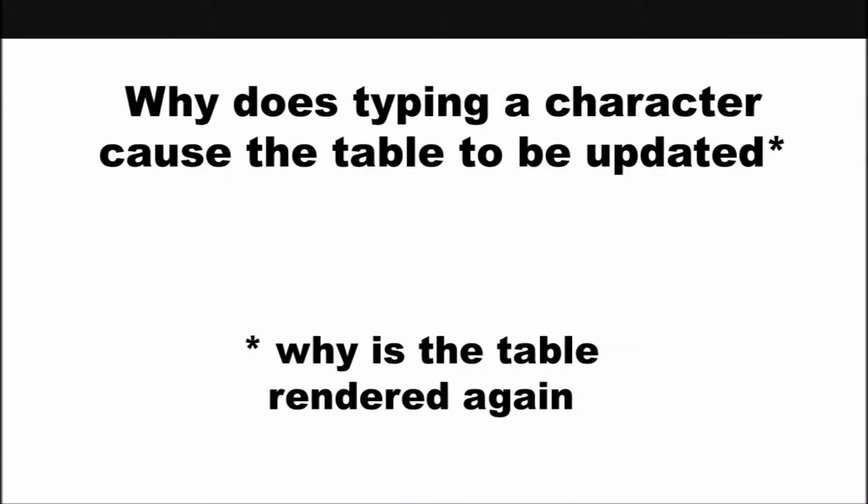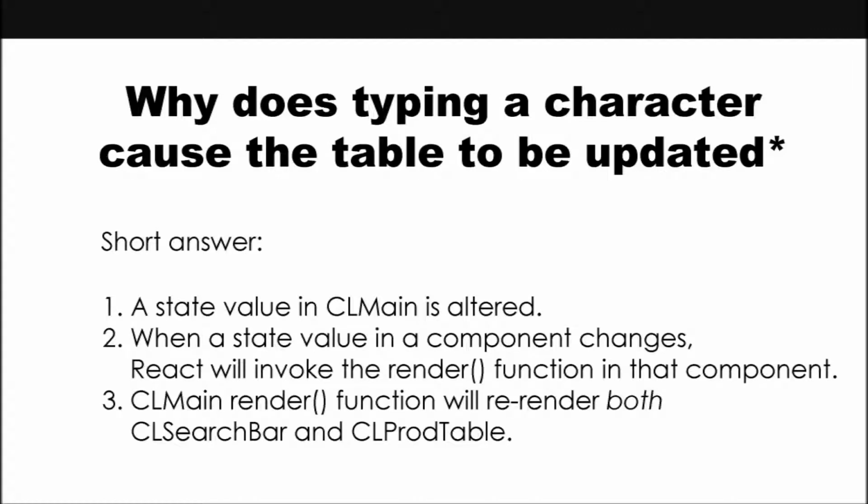So why does typing a character cause the table to be updated? Why is the table re-rendered? Well, here's the short answer. As we've seen previously, typing a character into any of those search fields will eventually alter a state variable. And the state variables live up in CL_main. Changing any state field gets React's attention.